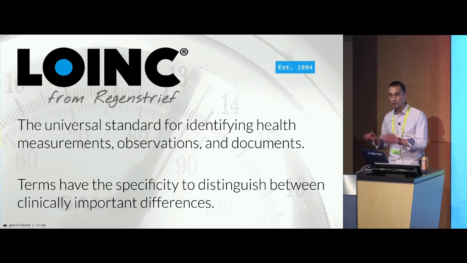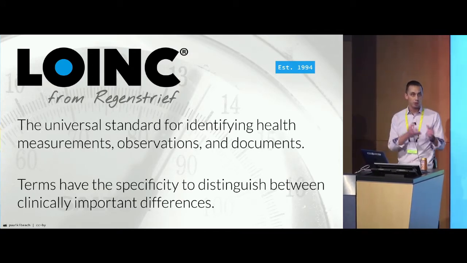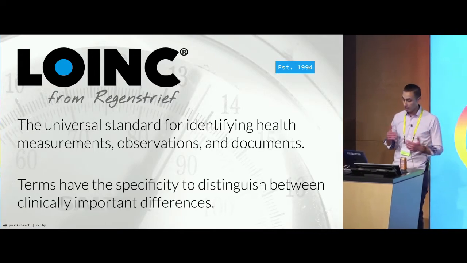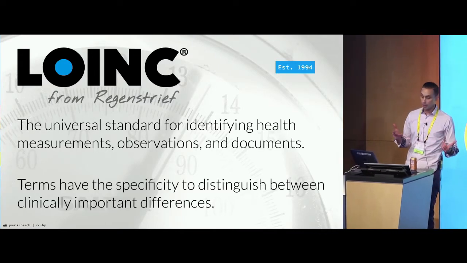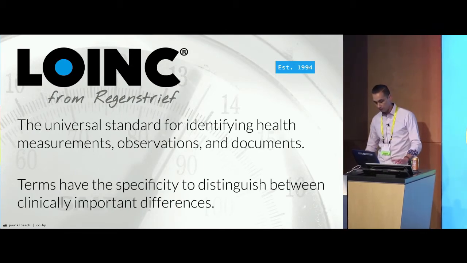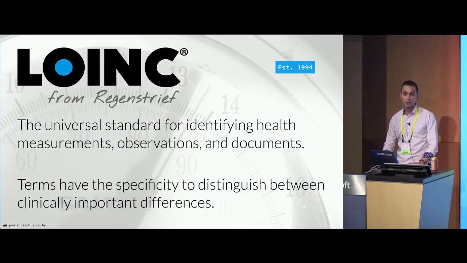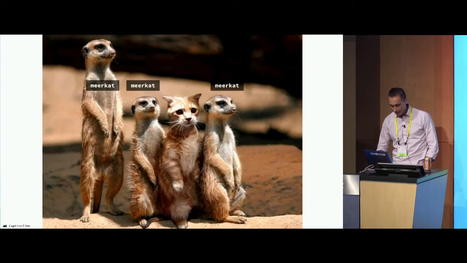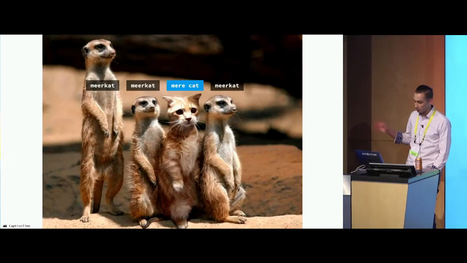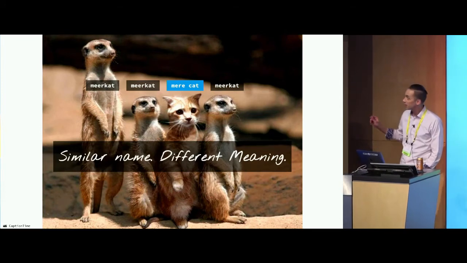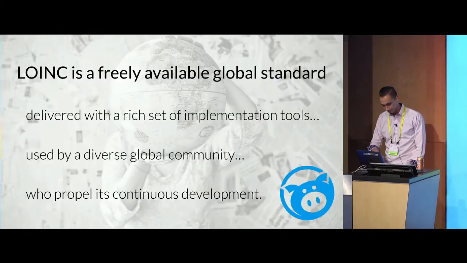And the intent, and the level of granularity at which LOINC wants to create codes, is that we want the terms to have the specificity needed to distinguish among clinically important differences, meaning this is what set us apart from some of the billing or administrative terminologies that were in play at the time. So the idea is we need these standard codes so that we can pick out things that have similar names but different meanings. So we're trying to pick out the meerkat from amidst the meerkats.